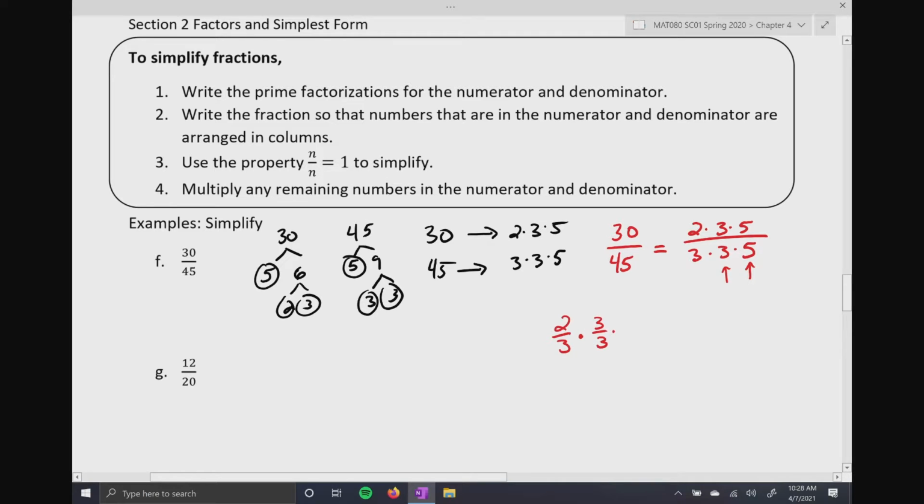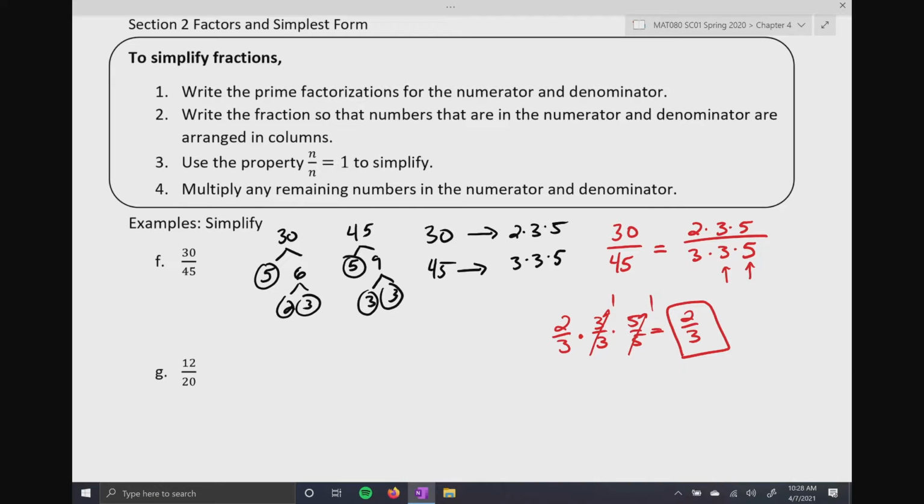If we wanted to, we can break this up, and then we just simplify. I know 3 over 3 is 1 and 5 over 5 is 1. So 30 over 45 reduces down into 2/3.